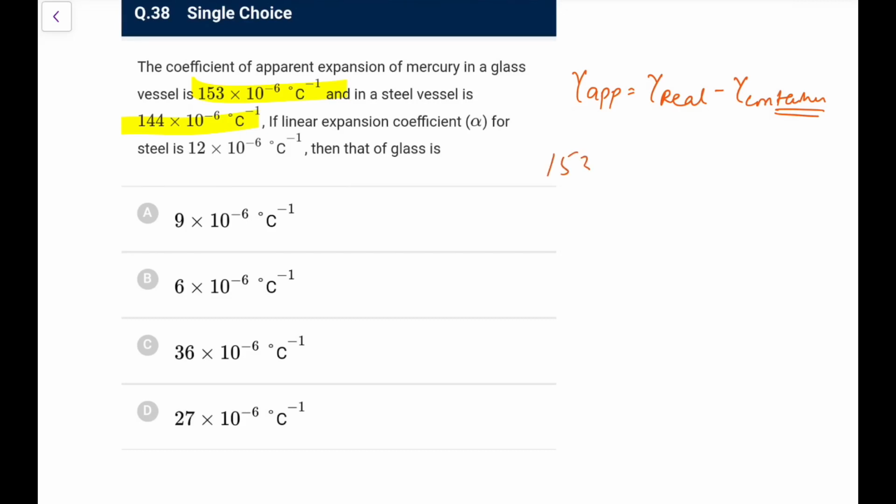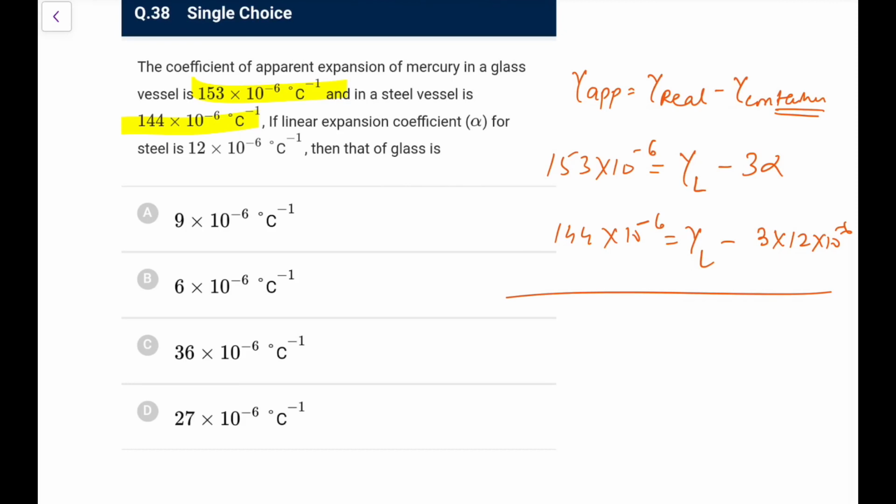So what we have, 153 into 10 raised to power minus 6 is gamma apparent in glass, where gamma of the liquid minus the container gamma, let's say 3 alpha. And we have 144 into 10 to the power minus 6 is again gamma L minus 3 into 12 into 10 to the power minus 6. So what should you do? You should subtract.